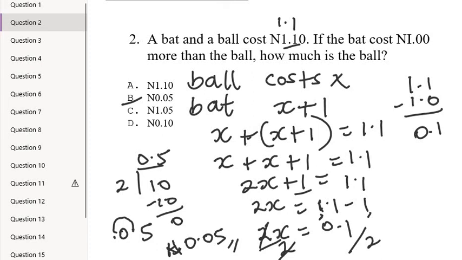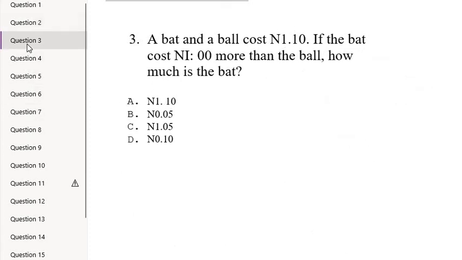Okay, question 3. A bat and a ball cost 1 naira 10 kobo. If the bat costs 1 naira more than the ball, how much is the bat? Now, if you go back a bit, we said x, which represents the ball, equals 0.05. Don't forget this.